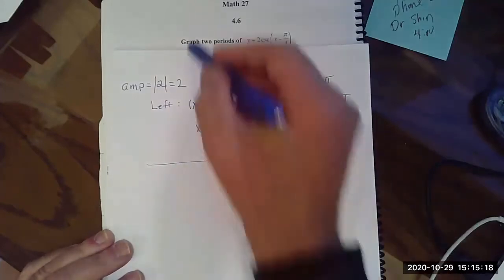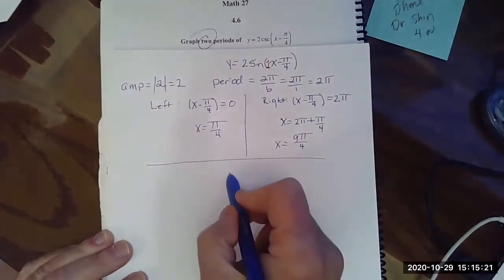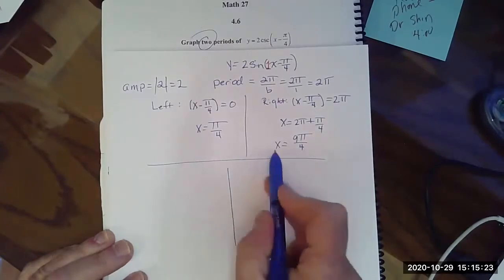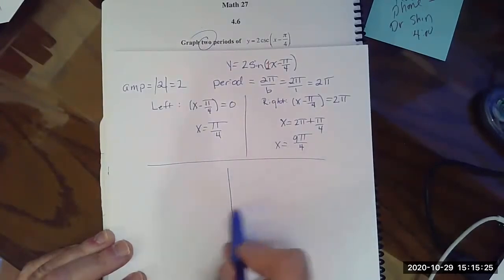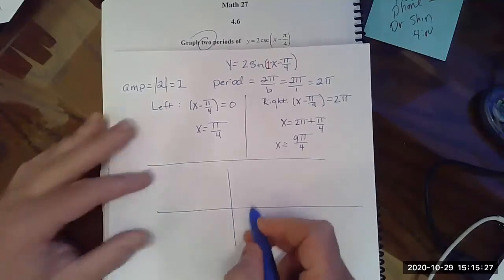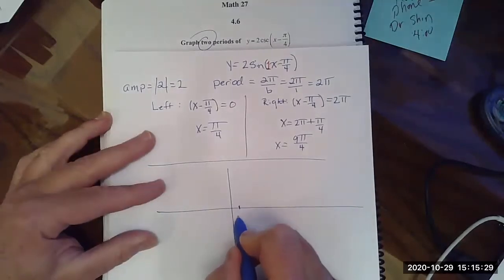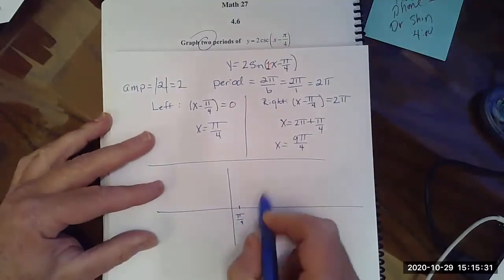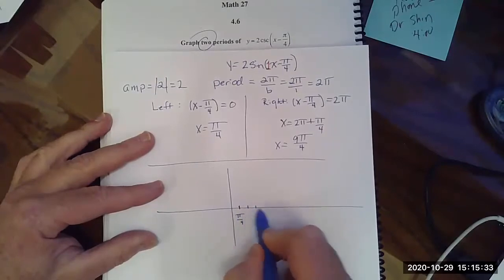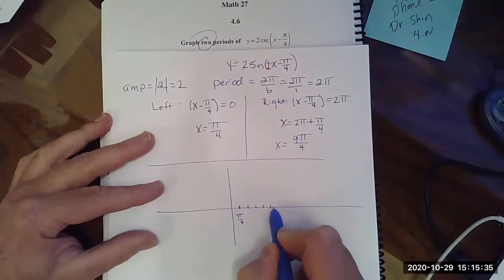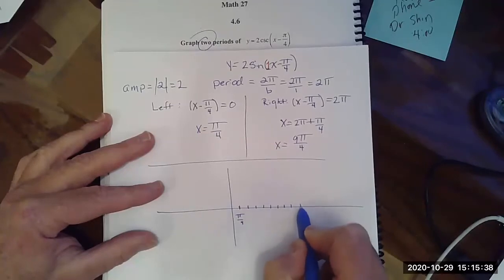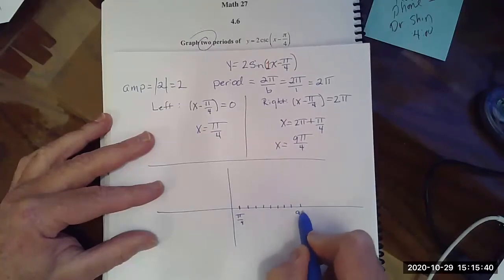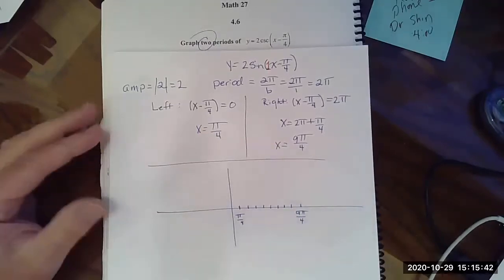Two periods right here. So this will give me 1 period when I do this. So that's 1 pi over 4. So pi over 4, 2 pi, 3 pi, 4 pi, 5, 6, 7, 8, 9 pi over 4.